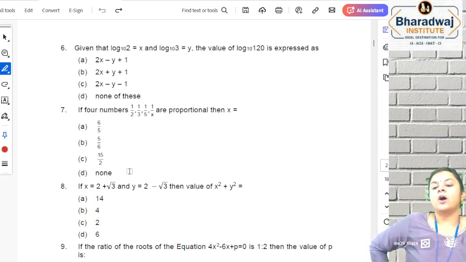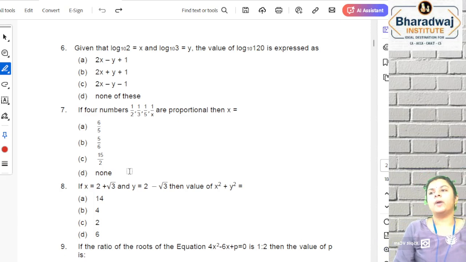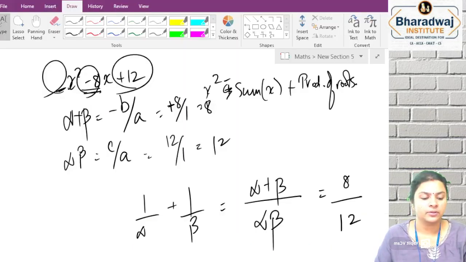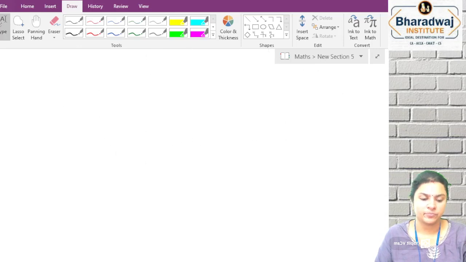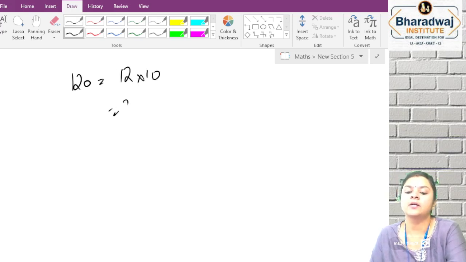Next, log of 2 to the base 10 is x. Log of 3 to the base 10 is y. What is the log of 120 to the base 10? So 120 is 12 into 10, and 12 is 4 into 3, and 4 is 2 into 2.